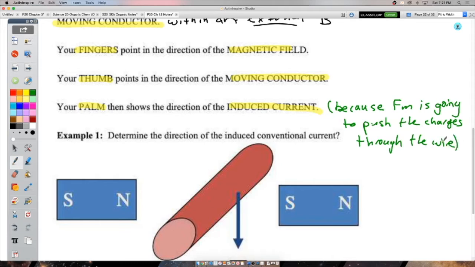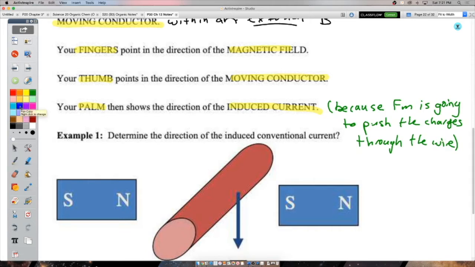So this is honestly not a different hand rule. It is still the same thing as the regular old third hand rule. It's just that now we think about it a bit differently because current was not already flowing. We're going to move the charges within the field, but then that motion is going to cause a force, which is now going to cause them to move through the conductor. So maybe you'll see what I mean when we do a few examples, okay?